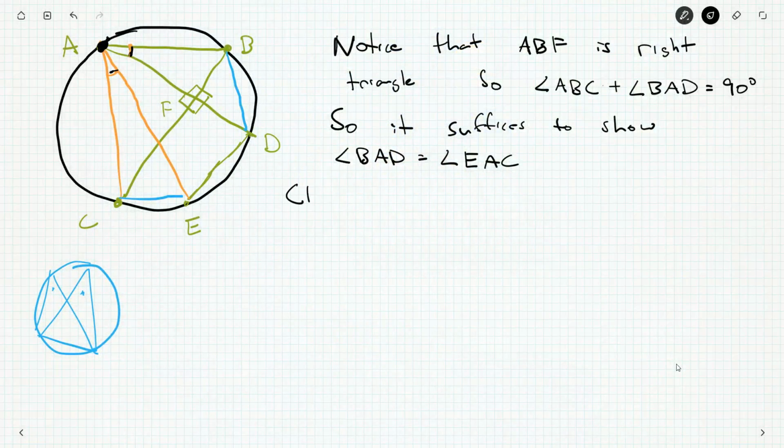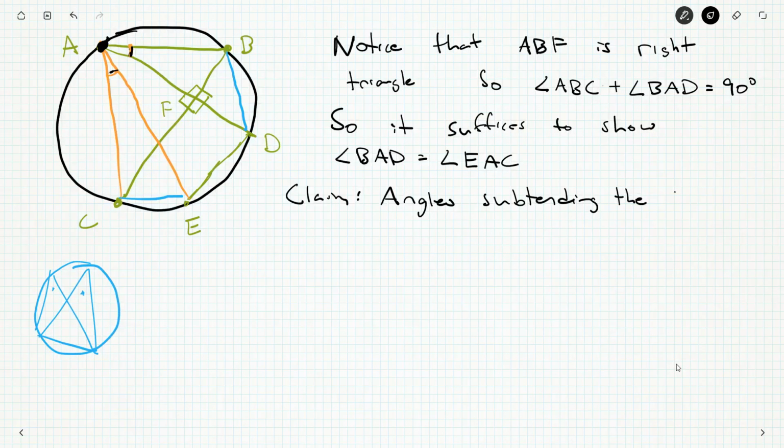So I might even say, because I don't know how well known this is, and I'm actually not entirely sure, claim: angles subtending the same length are equal.